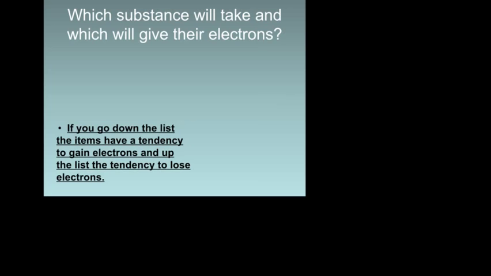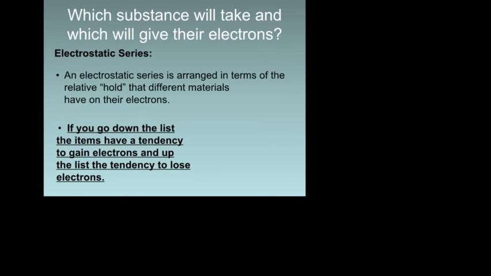So which substances will lose electrons and which substances will gain electrons? Well, I'm not going to spend a ton of time on this, but there is a thing called the electrostatic series, and it's arranged in terms of how well and how strongly different things hold on to their electrons.